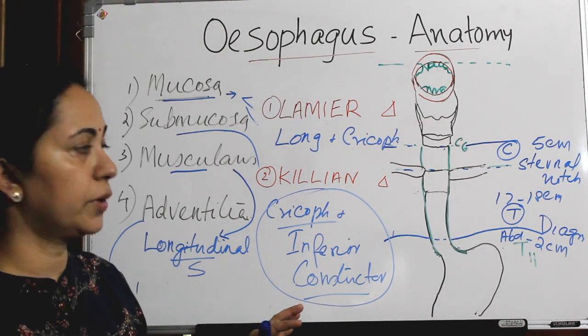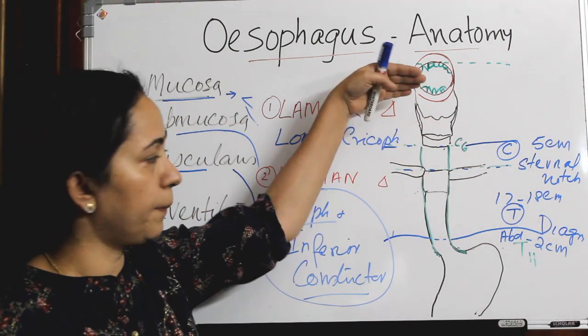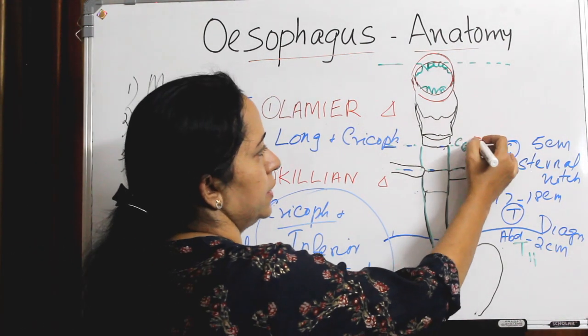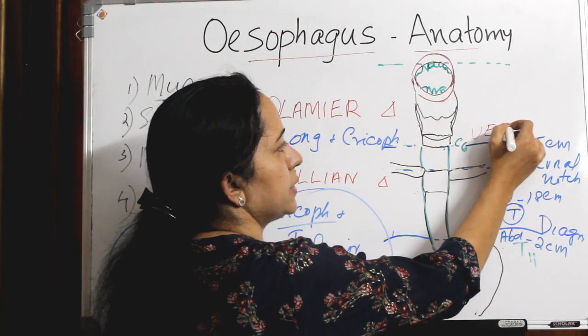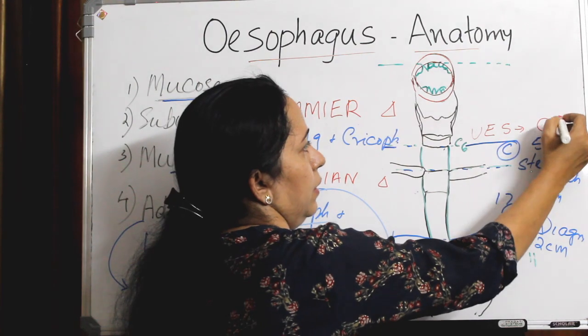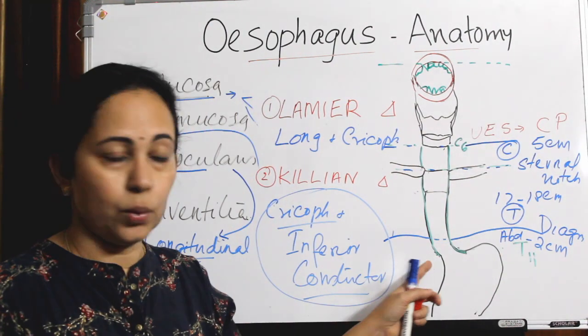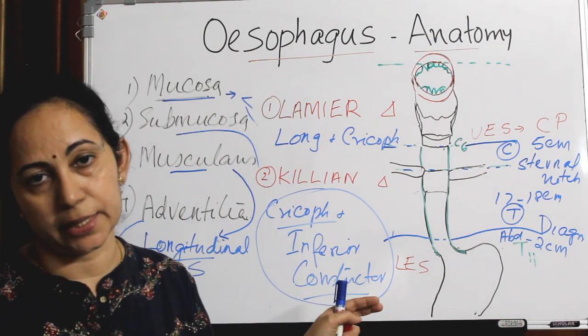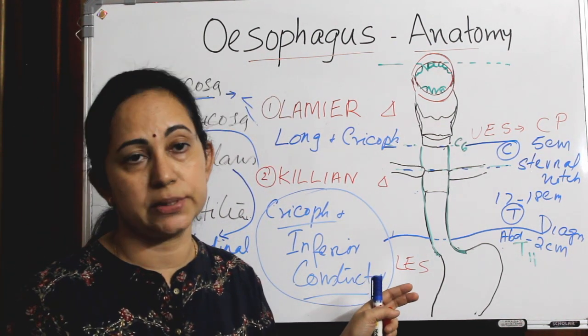Another two important structures coming here are the upper esophageal sphincter and the lower esophageal sphincter. The upper esophageal sphincter is mainly formed by the fibers of the cricopharyngeus muscle. For the lower esophageal sphincter, there are no definite muscle fibers forming it.